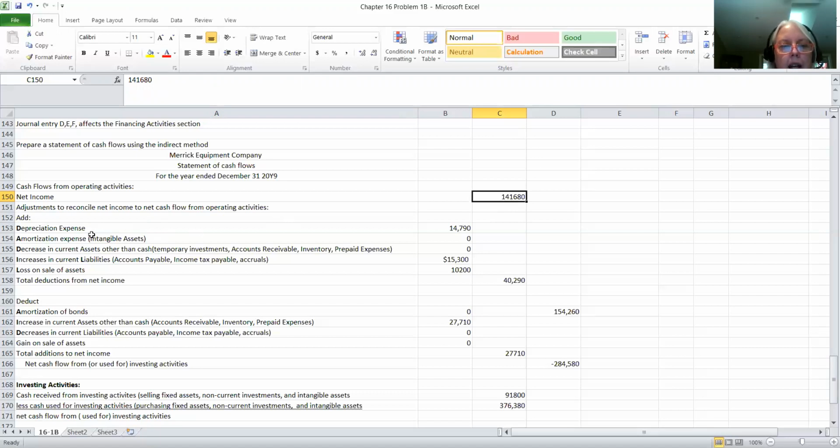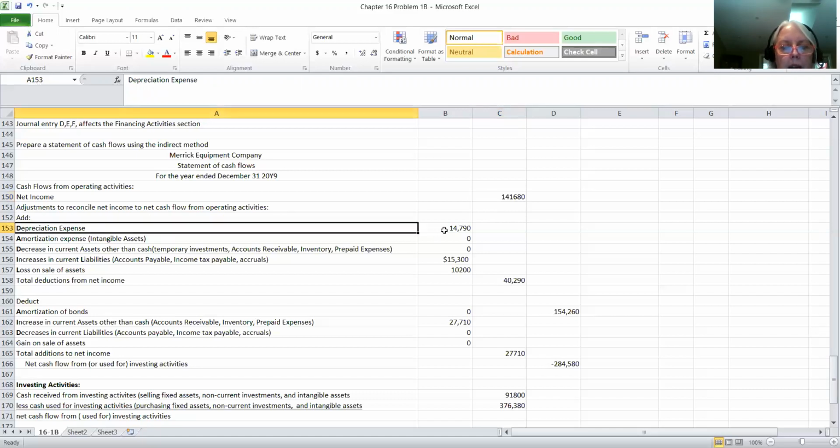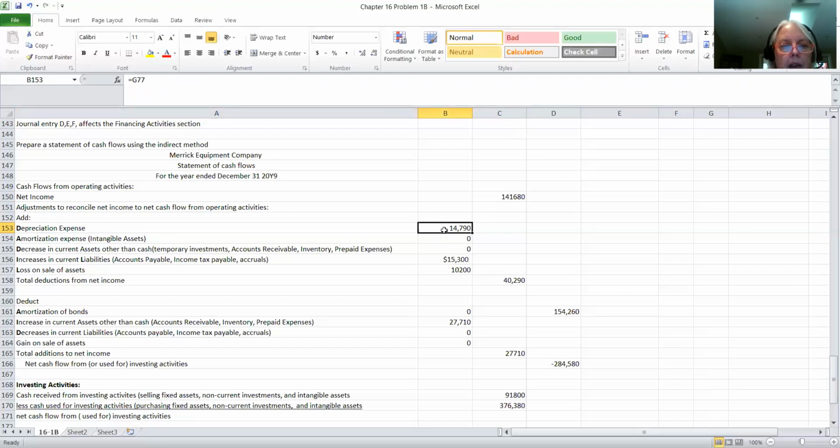To do that, I've got to add back in any depreciation expense. And the amount of depreciation expense is determined from the balance sheet, because that's all they gave you, in the accumulated depreciation section.